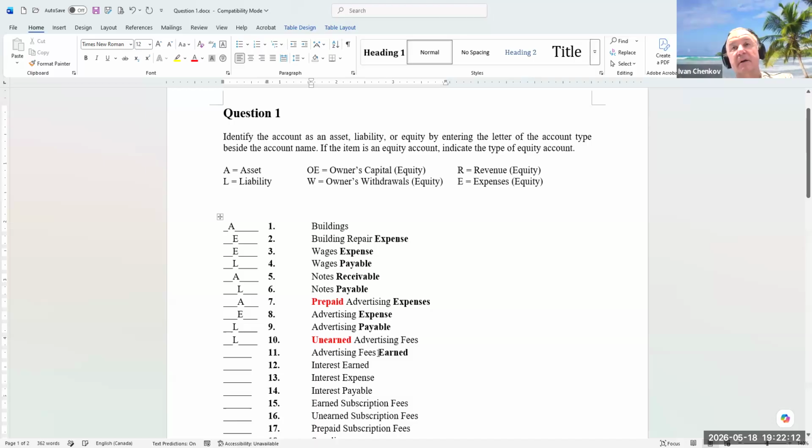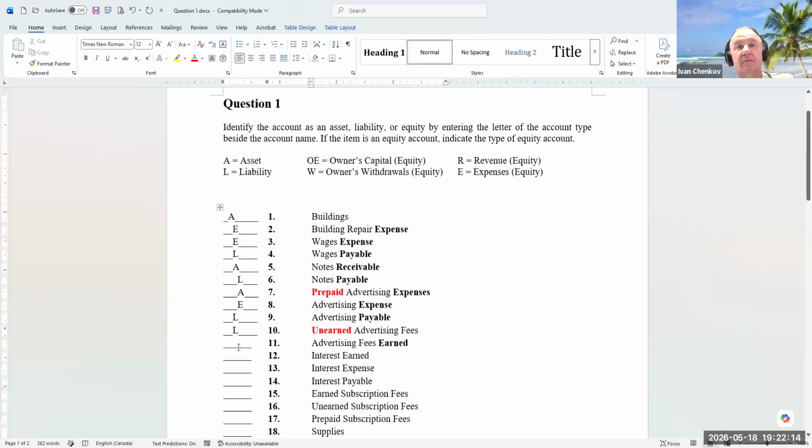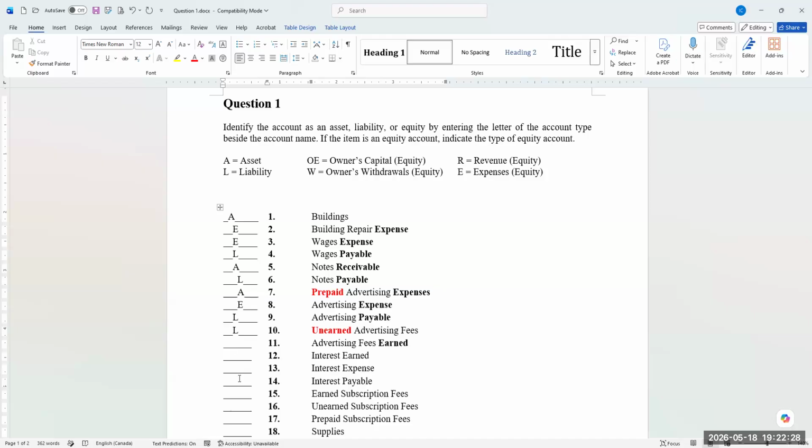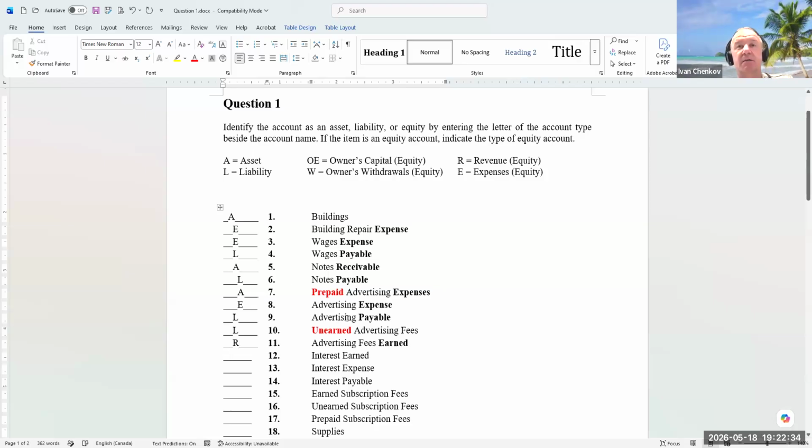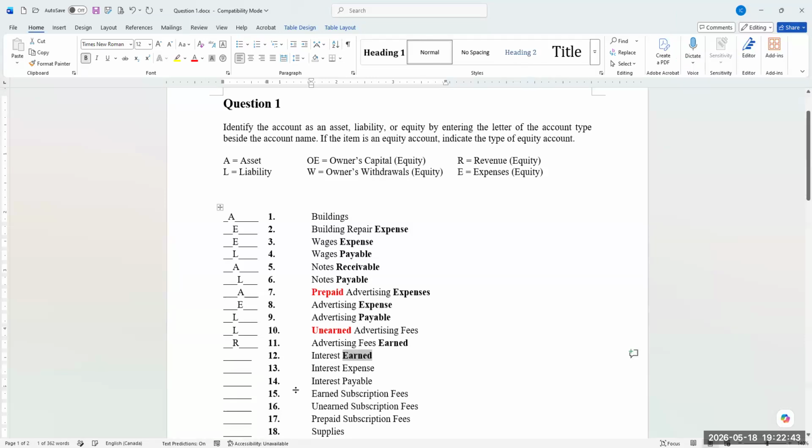Now the advertising fee earned, that will be, now we earn it. We provide the service. What will that be for us? Revenue. Absolutely. Finally, we're getting something. Let's go with interest earned. Revenue.